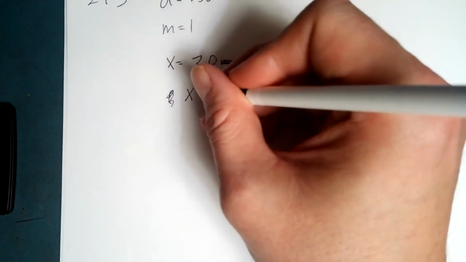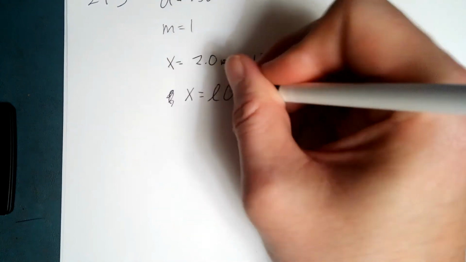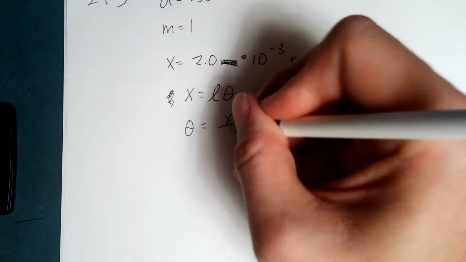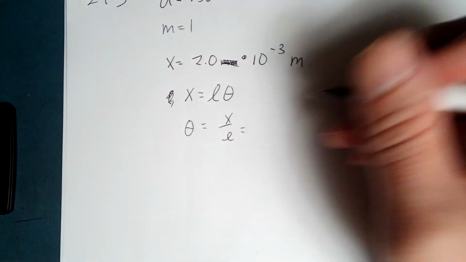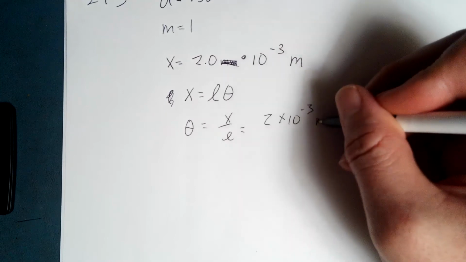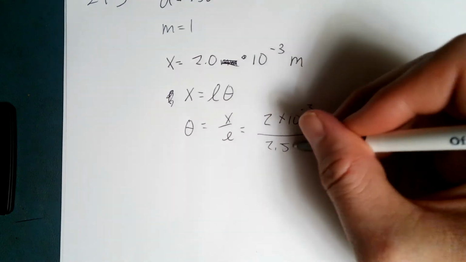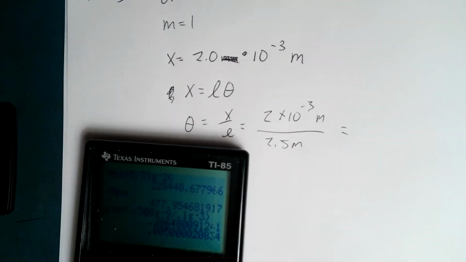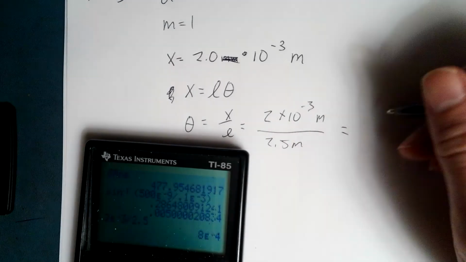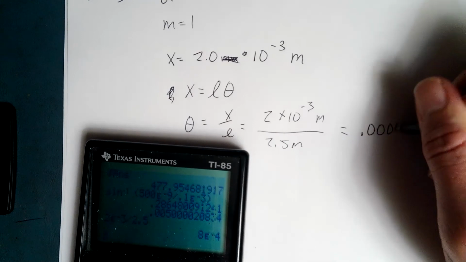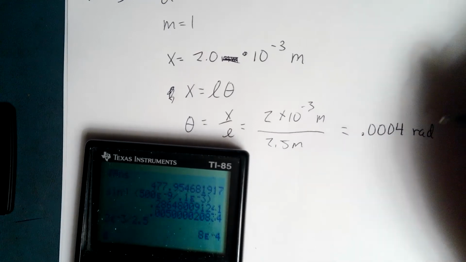if we have that same small angle approximation, right? So we can find theta first, x over L. I'm going to write this out, 0.0004 radians.